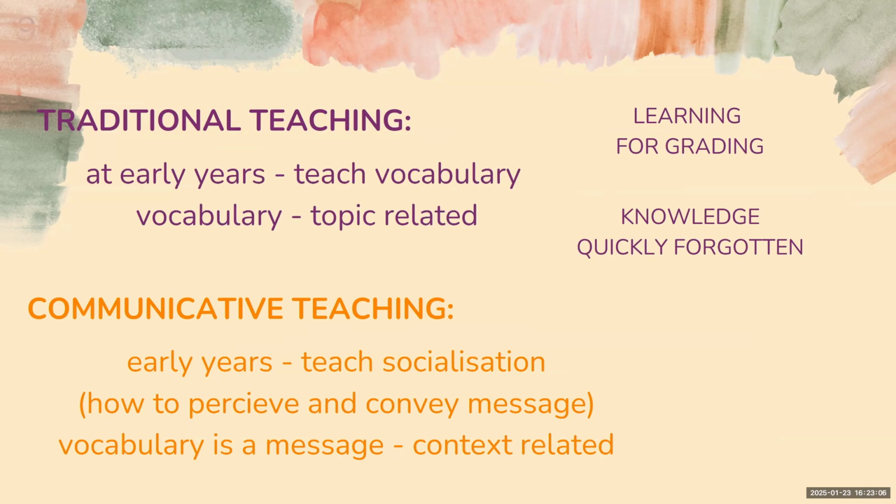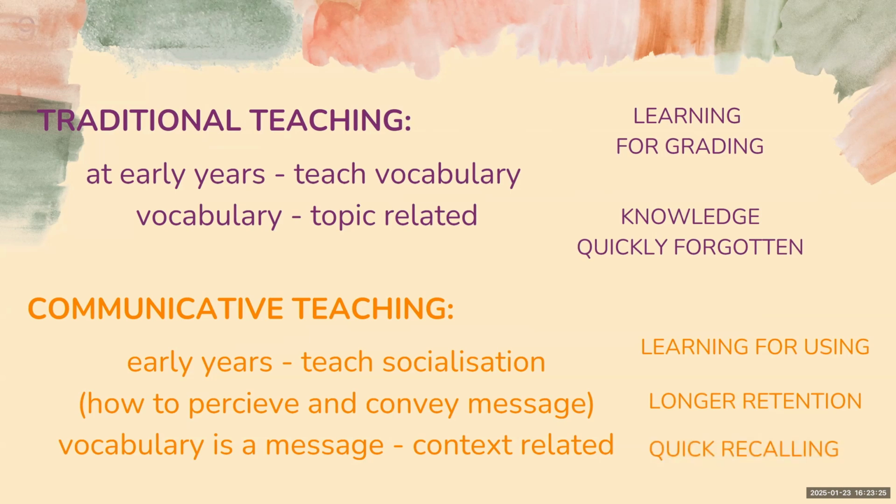That context association reflects the use of language. So we teach children how to use the language. That way, the retention is longer, and when children need to use the language themselves to convey a message, it is quicker to recall that information.